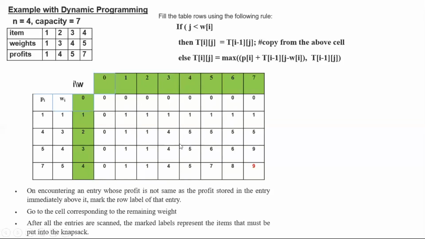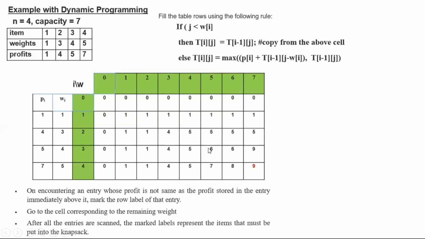We continue in the same manner. I will trace from here. For example, if we have to fill this entry, how do we fill this entry? Do you see from the above cell, the profit is 6.